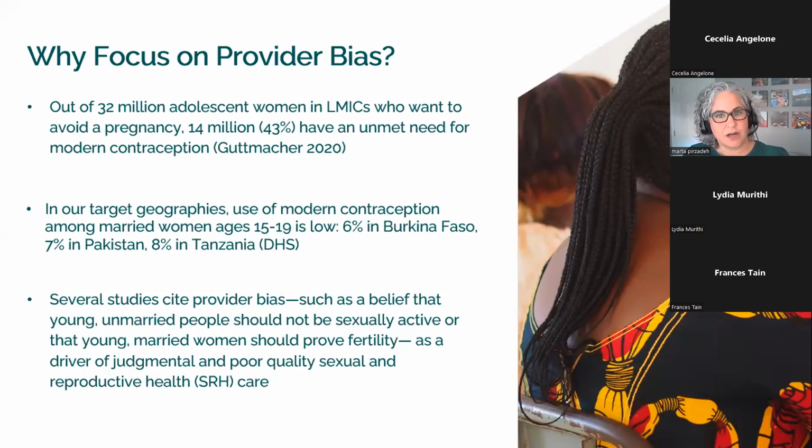And in our target geographies for Beyond Bias, use of modern contraception among married women ages 15 to 19 is low, 6% in Burkina Faso, 7% in Pakistan, and 8% in Tanzania. And there are studies which cite provider bias as a driver of judgmental and poor quality sexual and reproductive care.